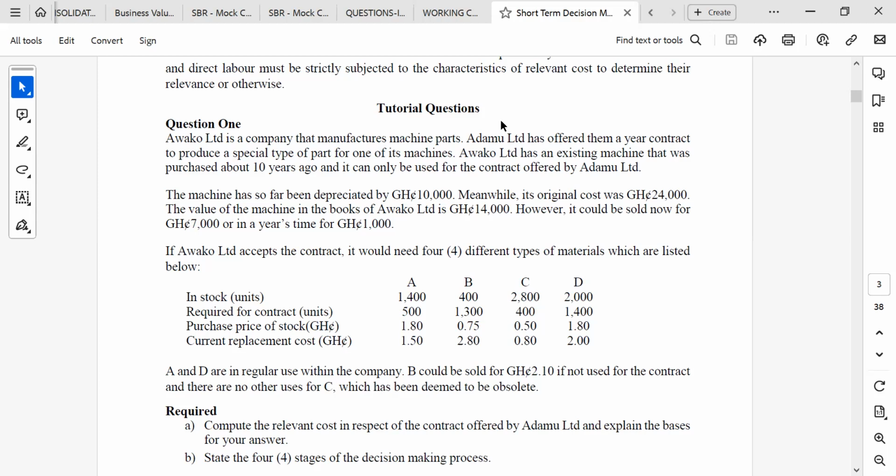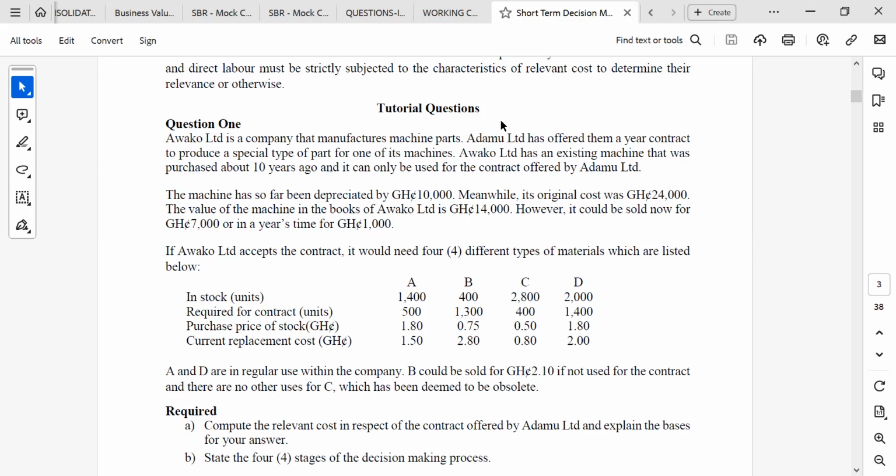The machine has so far been depreciated by 10,000 Ghana cedis. Meanwhile, its original cost was 24,000 Ghana cedis. The value of the machine in the books of Awaku Limited is 14,000 Ghana cedis. However, it could be sold now for 7,000 Ghana cedis, or in a year's time for 1,000 Ghana cedis.